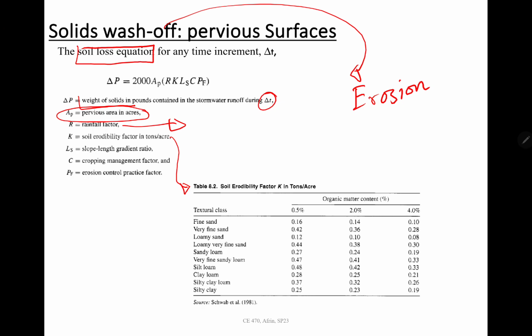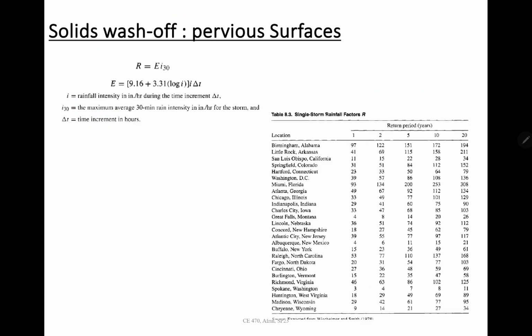For each one we have some table, some ways to find these values, and once we get that, we can find out what the solids washoff will be for the pervious surface.